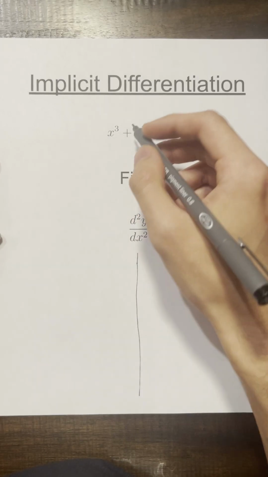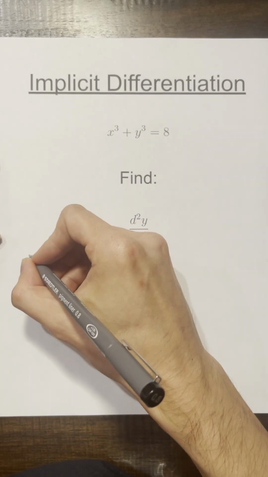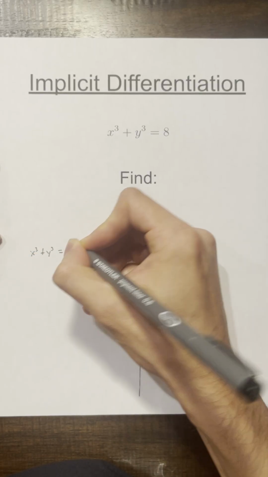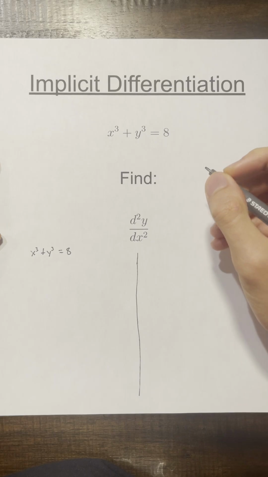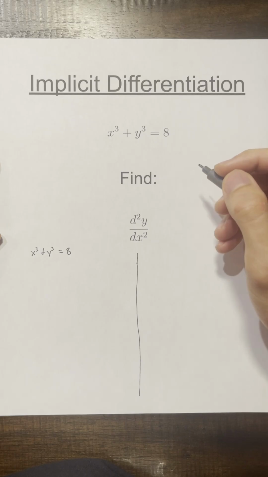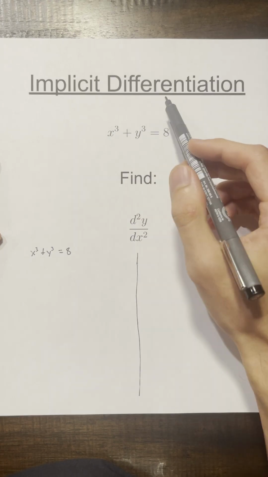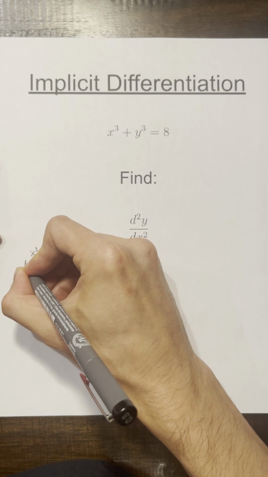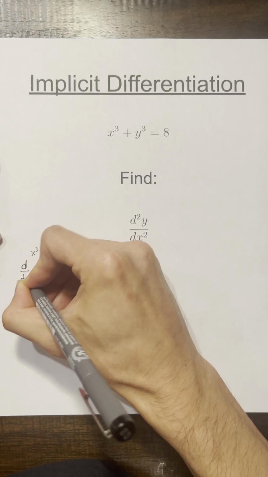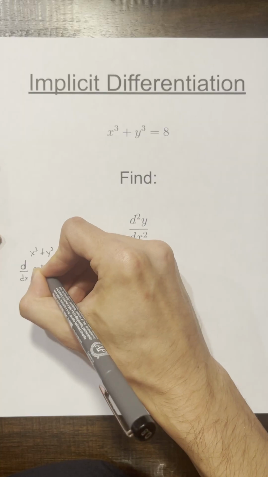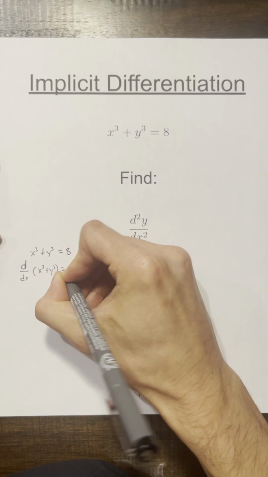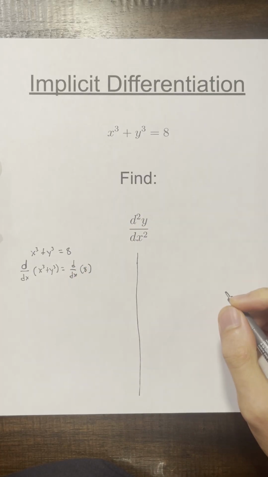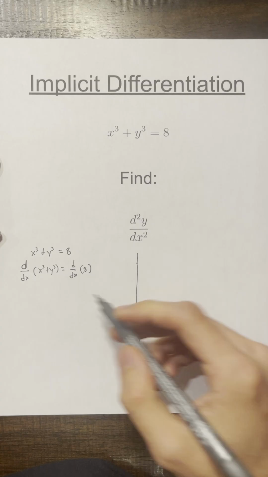Okay, so I'm going to copy this equation real quick. And to find dy dx, we can use implicit differentiation. So I'm going to do d dx of both sides of the equation. So that's the first step.